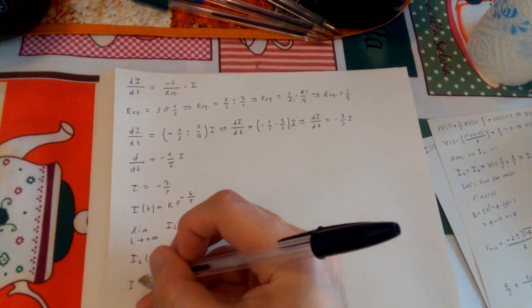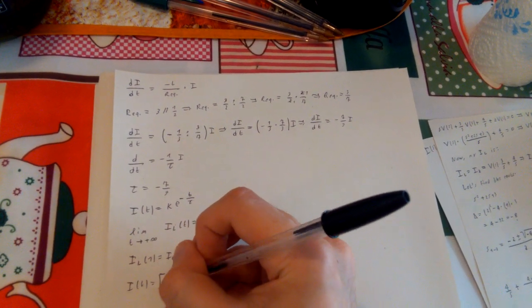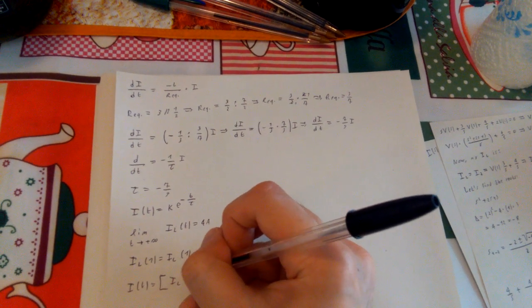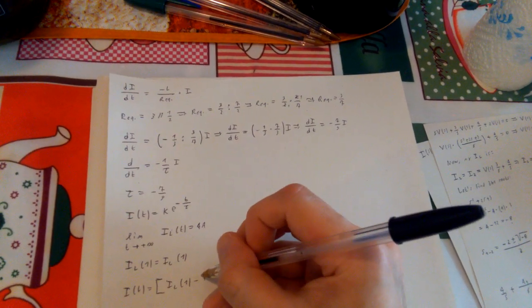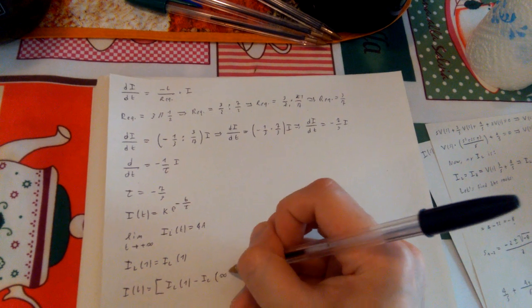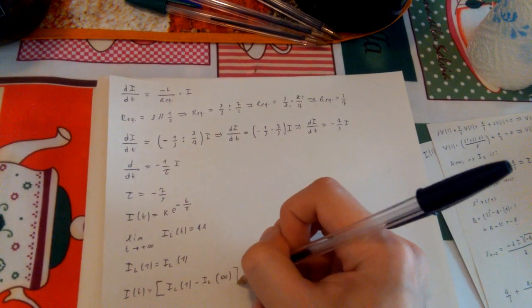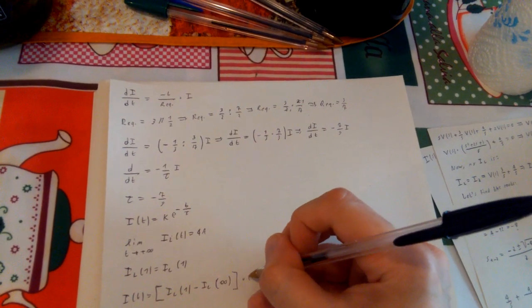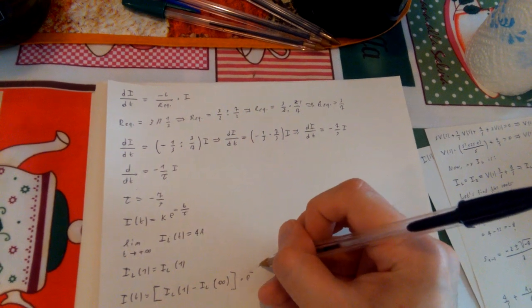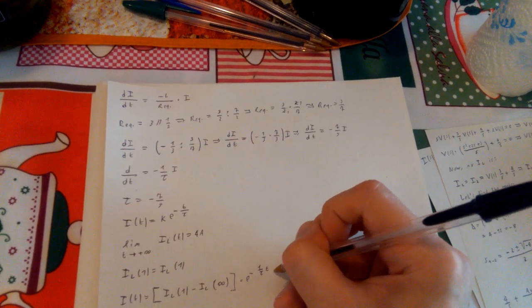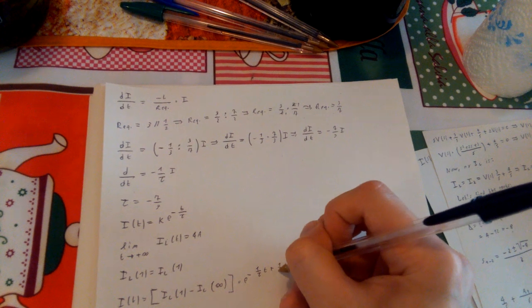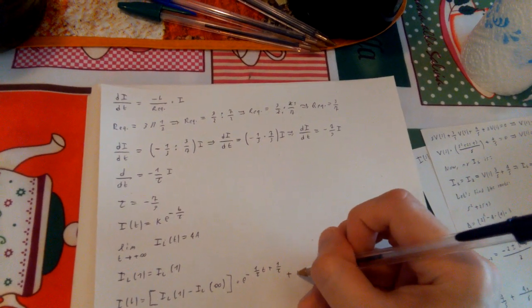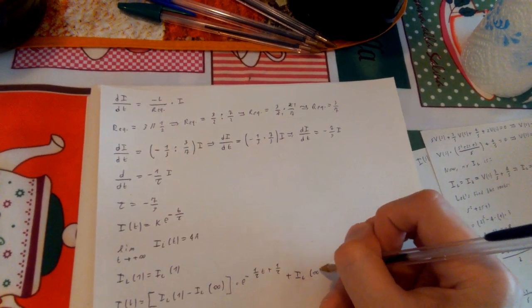So I of t is I_L of 1 minus I_L infinity, times e to the negative 1 over tau t plus 1 over tau, plus I_L infinity.